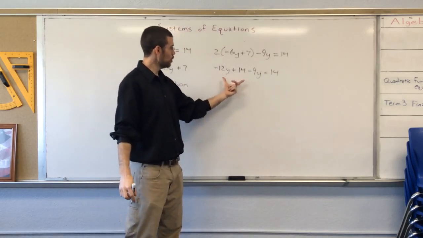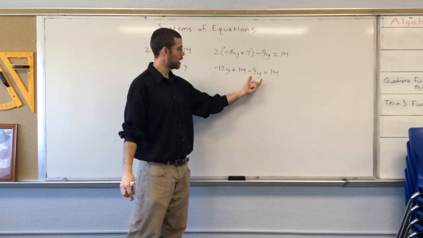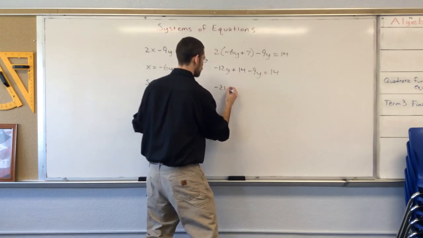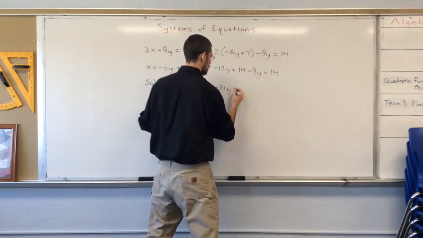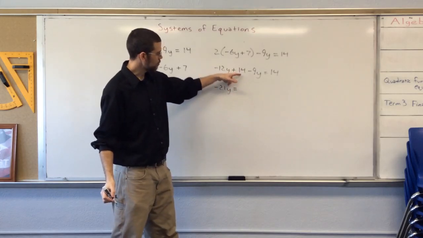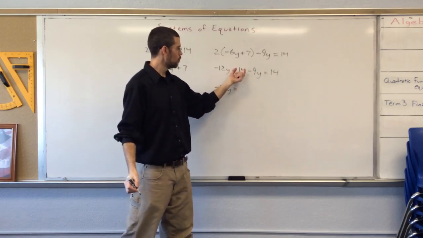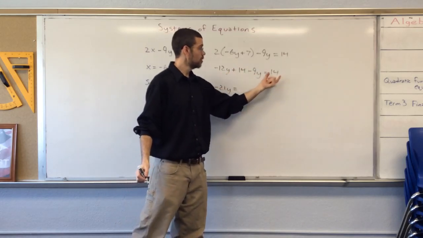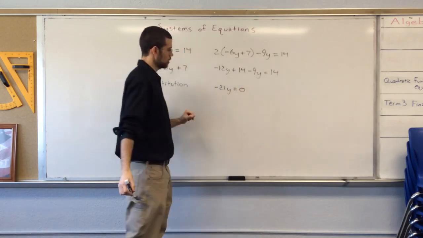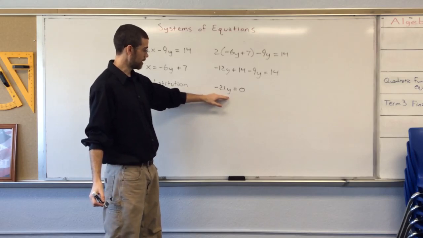Now that it's in this form, we can combine like terms. So negative 12y minus 9y is negative 21y. And also, we can subtract 14 from both sides of the equation. 14 minus 14 is 0. 14 minus 14 is 0. From this point, we want to get y all by itself.